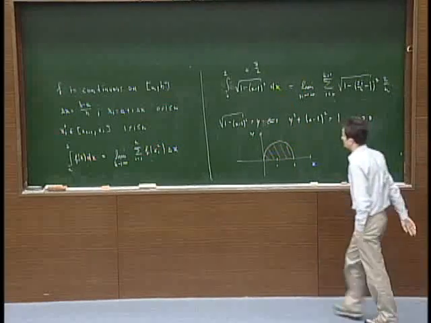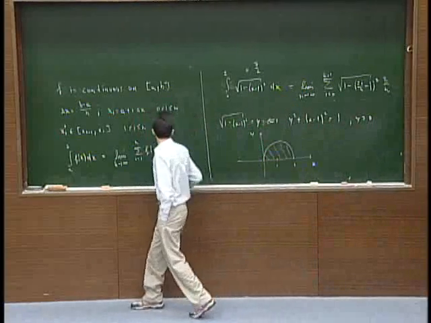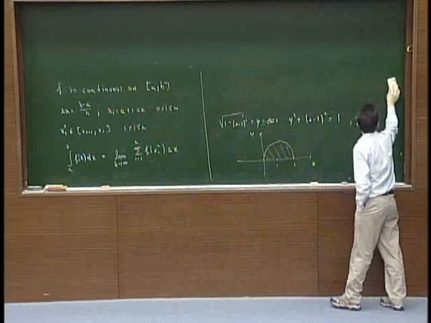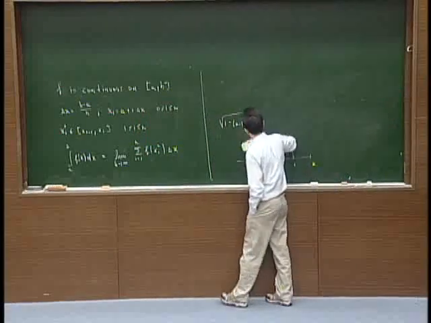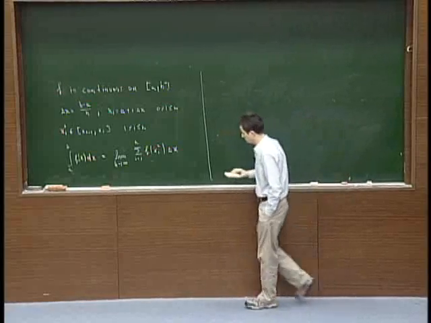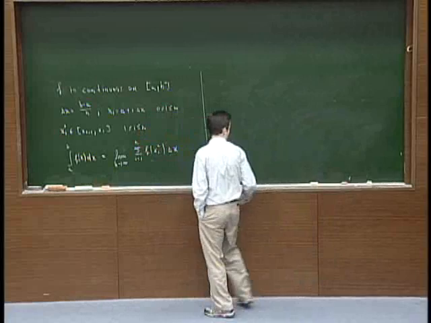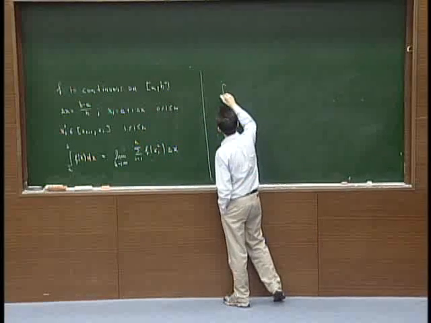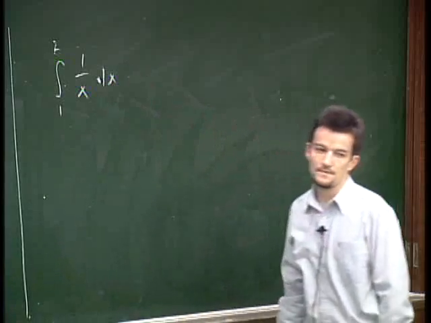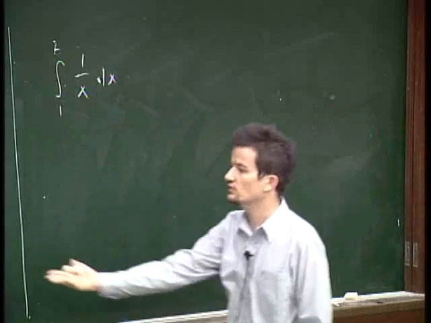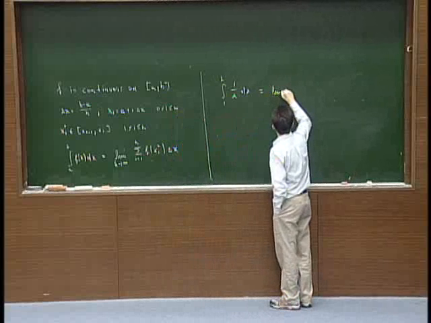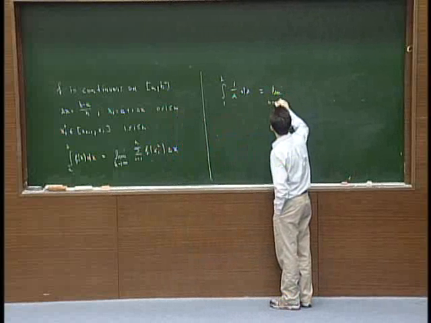Okay, so this is another example. Now let's look at the final one, one which I mentioned already last time. Last time I showed you, if we are interested in this integral, and you just know the definition of the integral and go into the details, you see this is the limit as n tends to infinity.